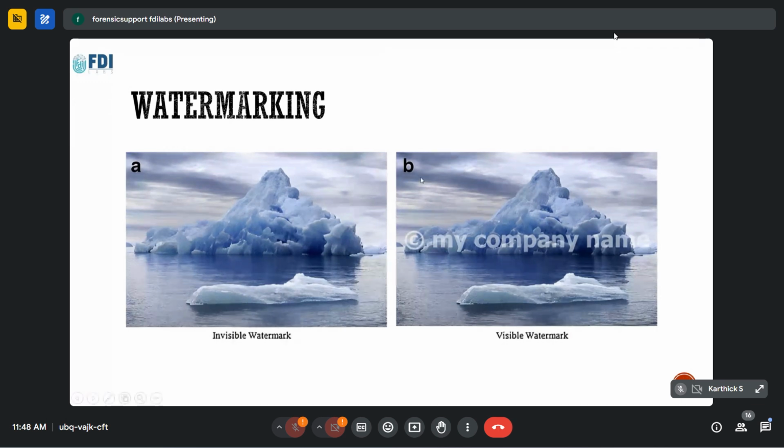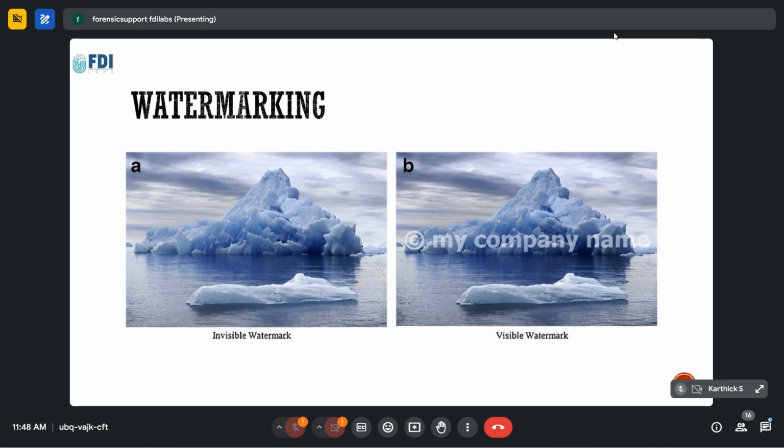So this watermarking is also employed to safeguard the digital contents against unauthorized access, use and distribution.